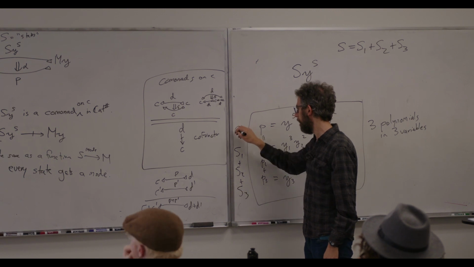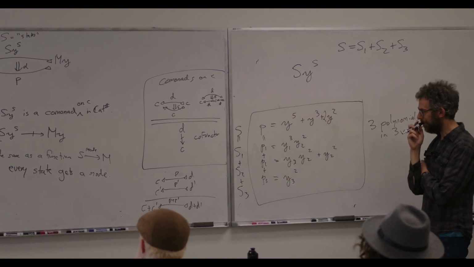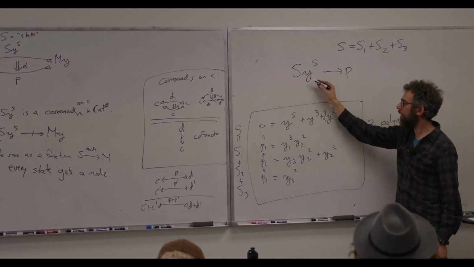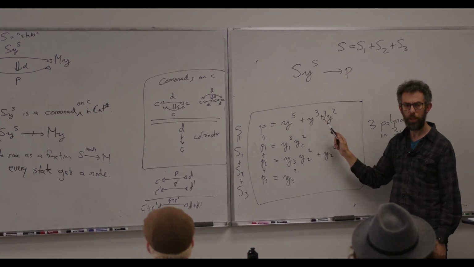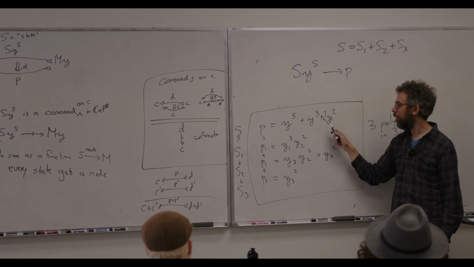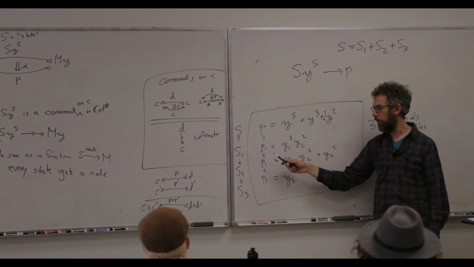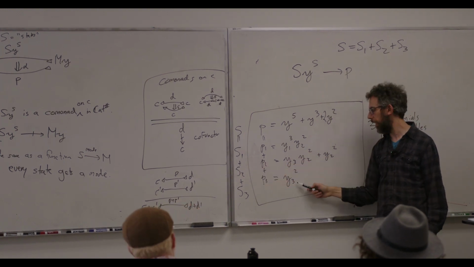Okay, so we have a map from sy^s to p, which means that every state gets one of these 4 positions, and that's the output. But states that are in mode 1 have to go to this thing. States that are in mode 2 have to go to either of these 2 positions. And states that are in mode 3 have to go to this position.